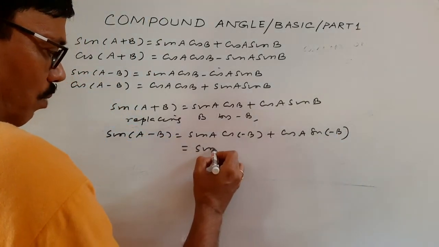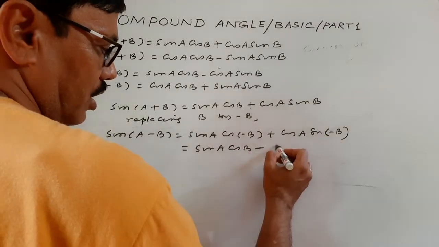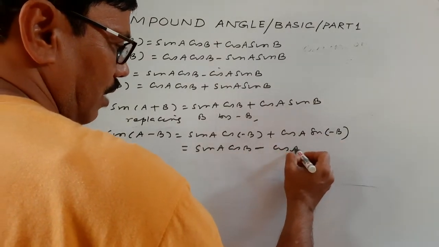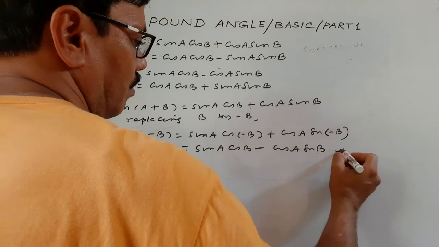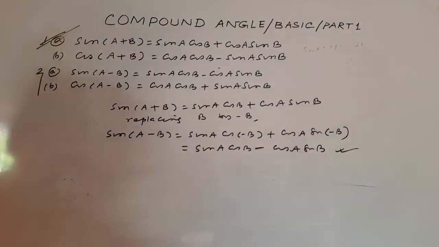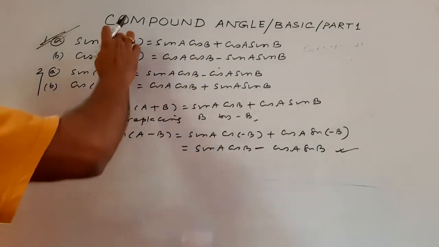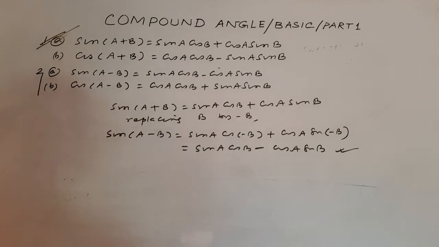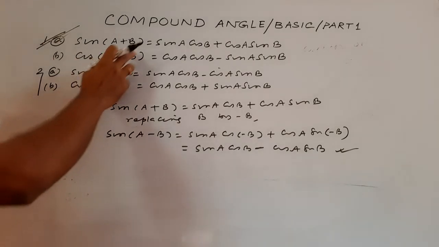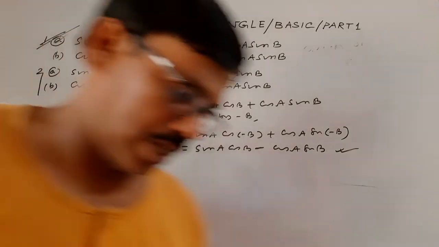So, cos of minus theta is cos theta, sin of minus theta is minus sin theta. So, sin A cos B minus cos A sin B. Look, the main part is the proof of sin(A+B). From sin(A+B), you get sin(A−B). Similarly, if you replace B by minus B, you get cos(A−B).